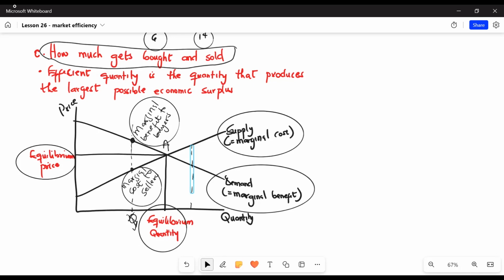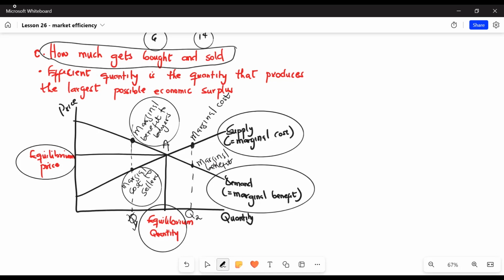At quantities greater than the equilibrium quantity, the marginal cost to sellers exceeds the marginal benefit to buyers. This means that it costs sellers more to produce each good than buyers are willing to pay for it. On this graph, at quantity Q2, we have the demand curve showing marginal benefit to consumers, and the supply curve showing the marginal cost of producing that good.